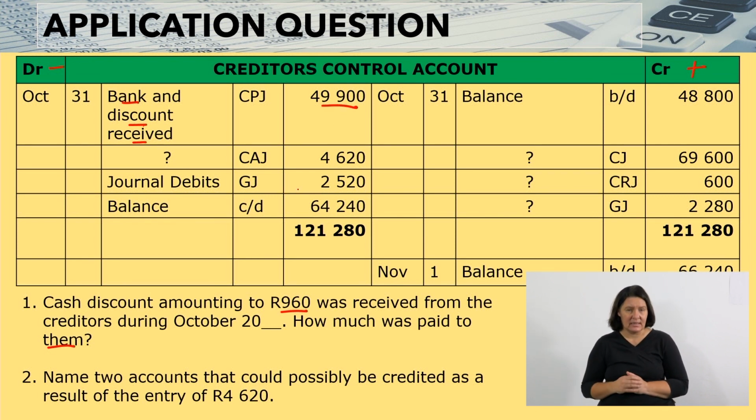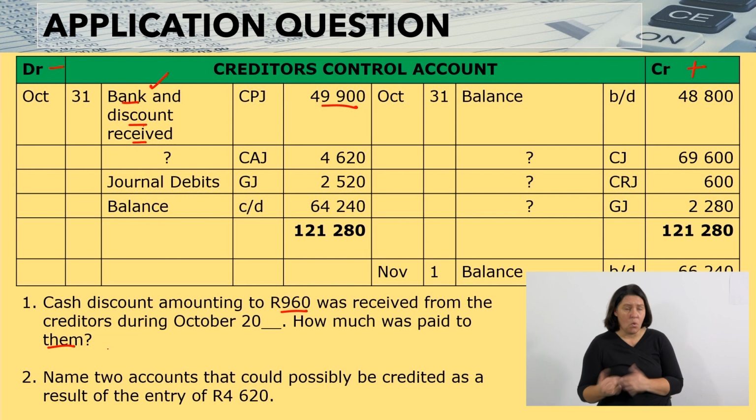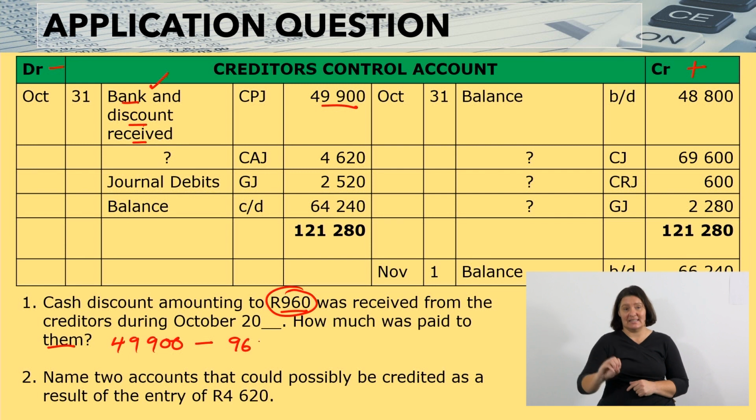49,900. That means there are 2 things in there. There is your bank, what we have paid, but they have also allowed us discount, which we call discount received. If we want to find how much was paid, we will now say, of the 49,900, which includes bank and discount, let us therefore take out what we are given, which is the discount, 960 rands.